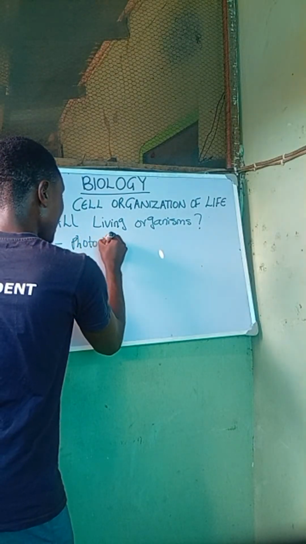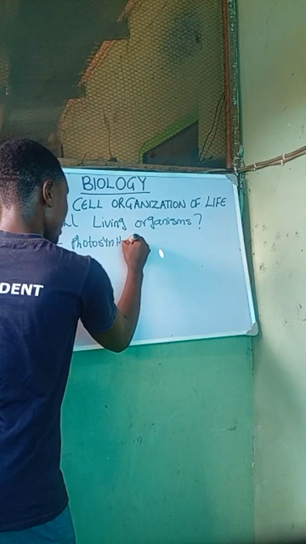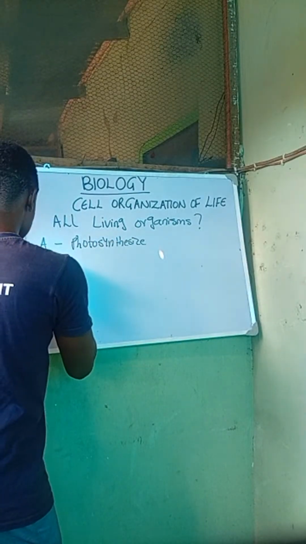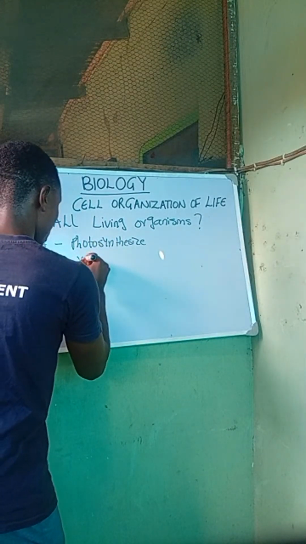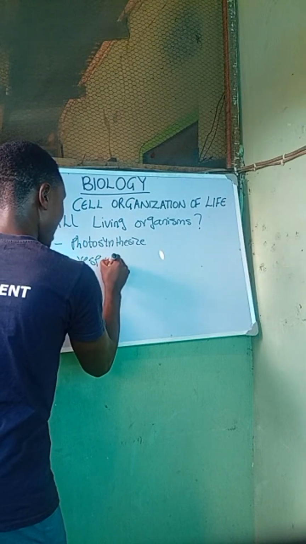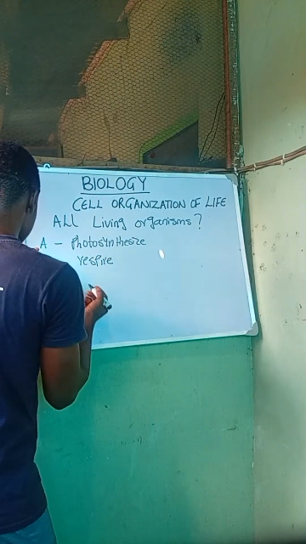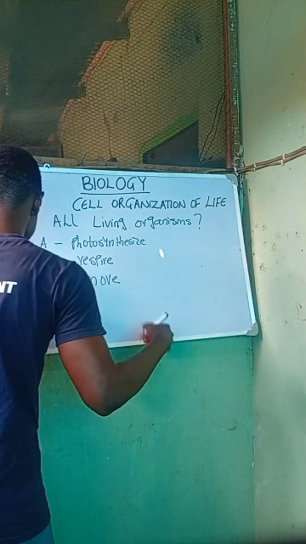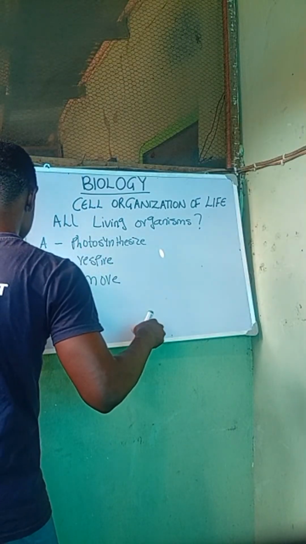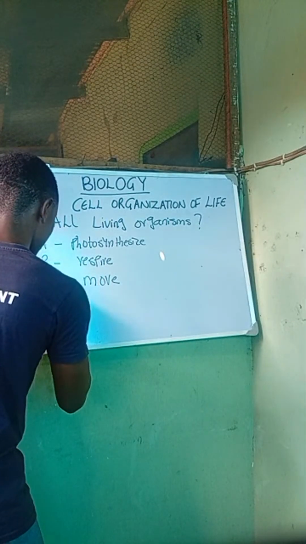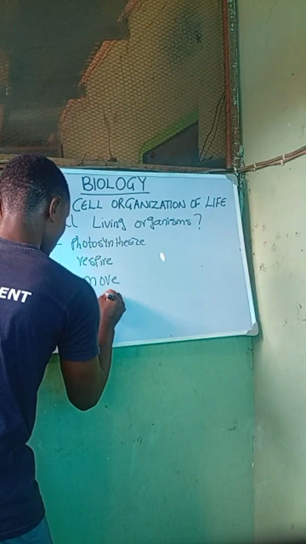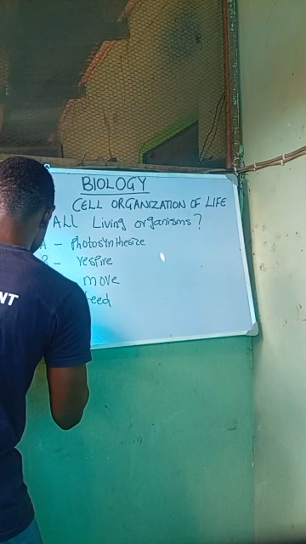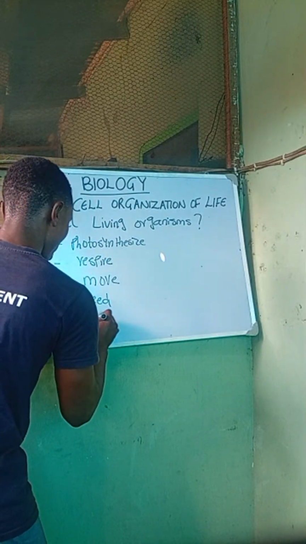Do we all photosynthesize? This is a JAMB question. B. Respire. Do we all respire as living organisms? C. Move. D. Feed. And E. Transpire.